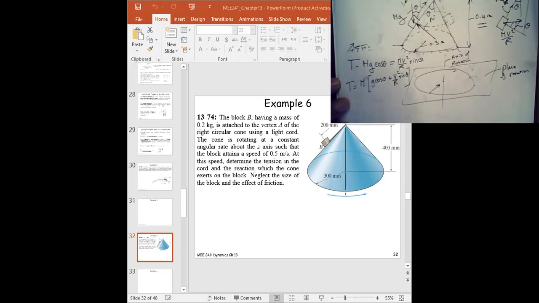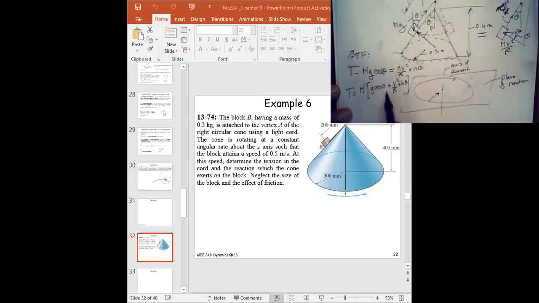Okay, how can I find theta? You know it's 200 the rope and 300 the radius. One thing we can do is say tangent theta is opposite over adjacent.